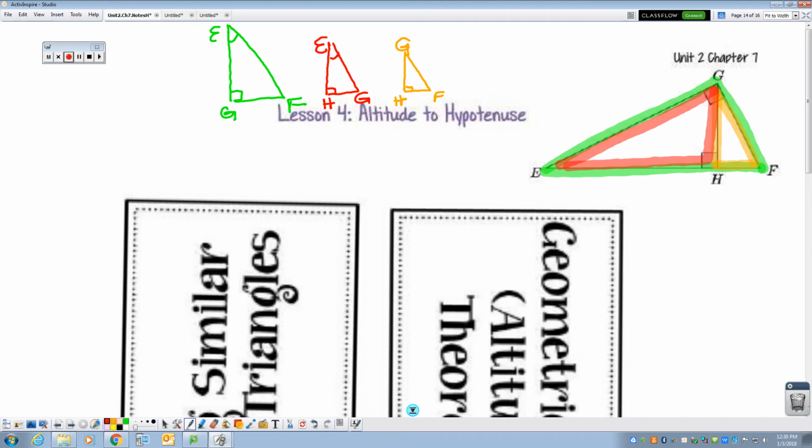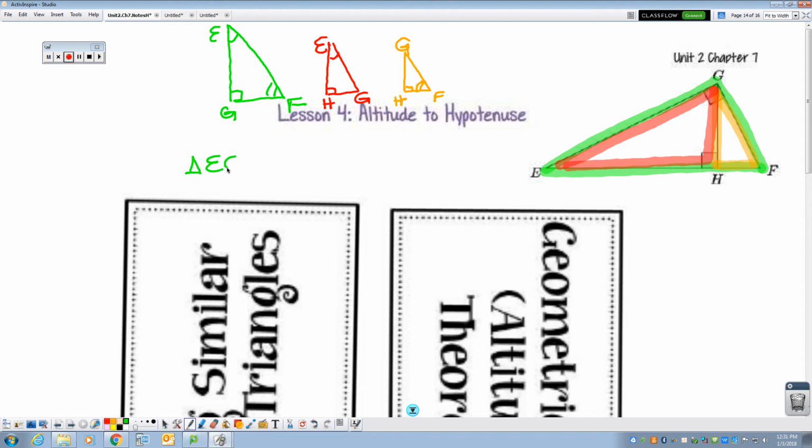And then if we look at the green triangle, it has angle F that it shares as the reflexive property with the orange triangle, which means green is similar to orange by angle-angle similarity, which makes all 3 of these triangles similar.